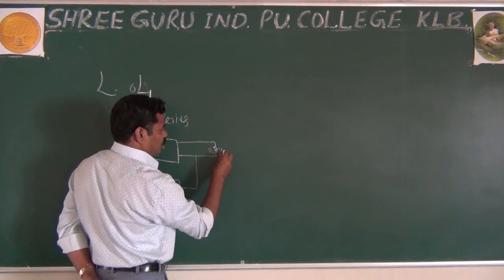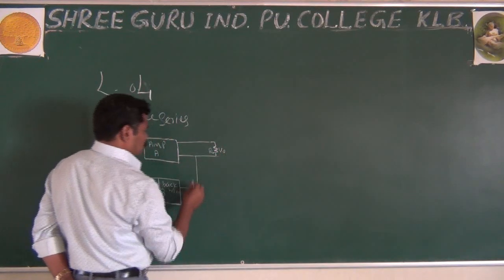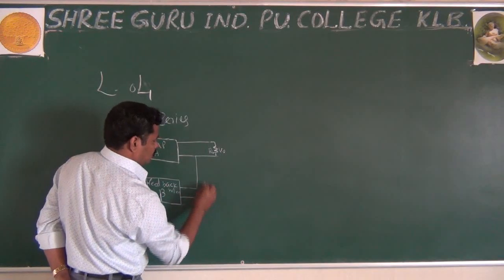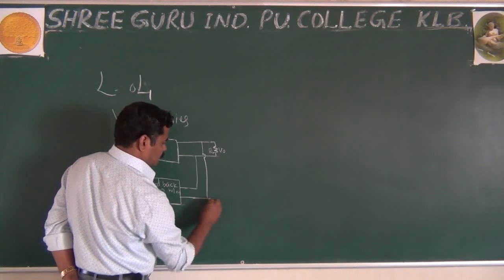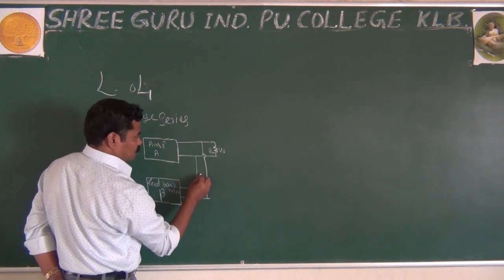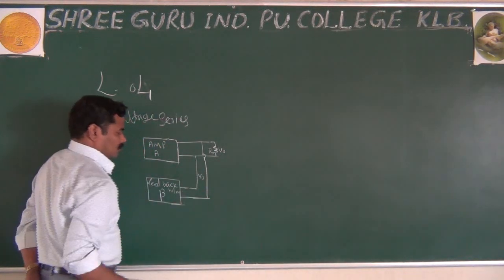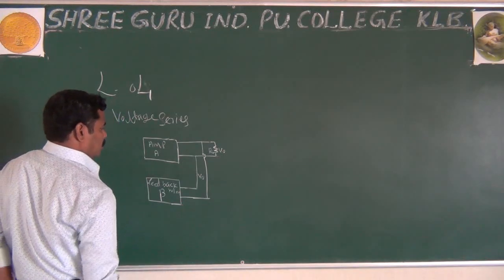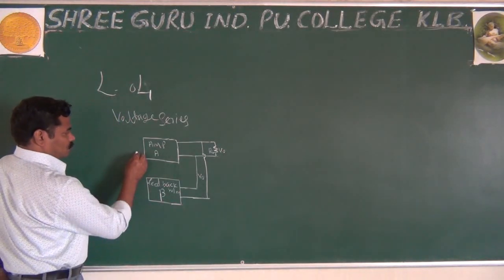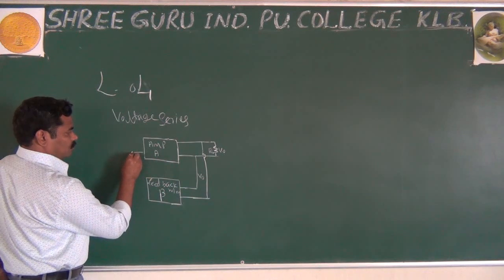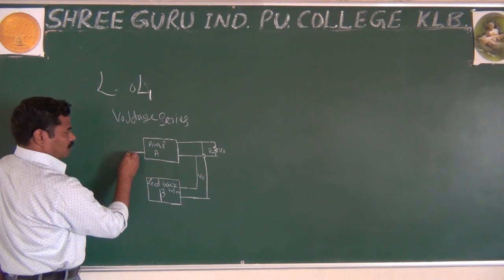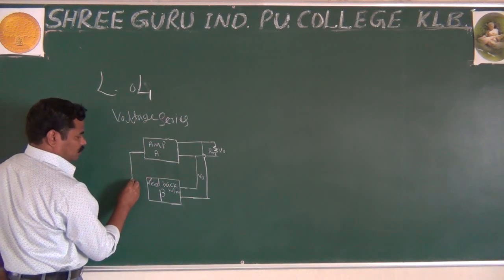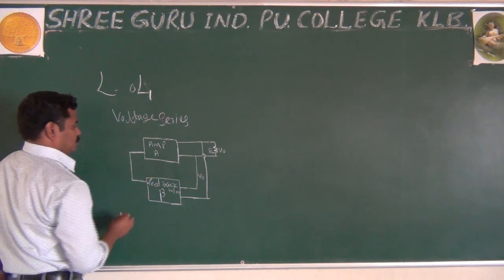This is your input. As we know, you are always measuring the voltage by connecting in parallel. And here we want series, meaning you are adding or subtracting the voltages in series.